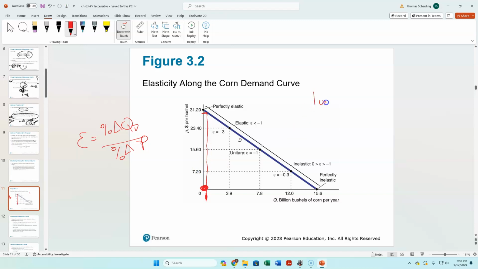So if we did a 1 unit change, let's just say that this number here was 1, and let's just say that this number was 100, just to make my math a little simpler. A 1 unit change would be a 1% change in the price, but it would be a 100% change in the quantity, because it'd be going from like 1 to 2 versus going from 100 to 101.